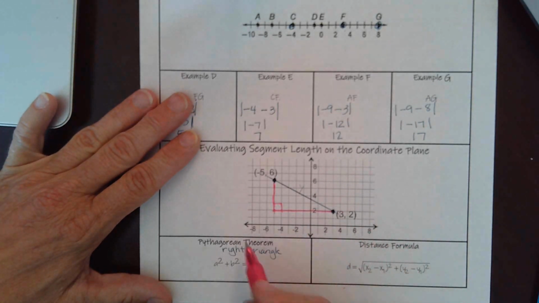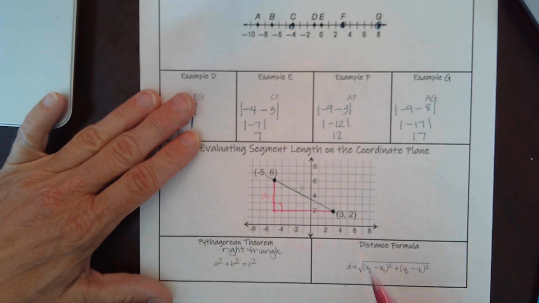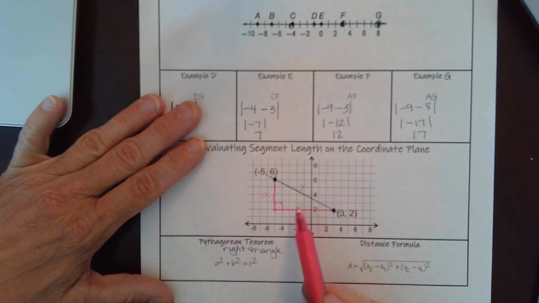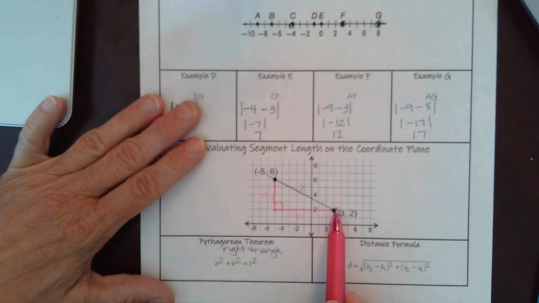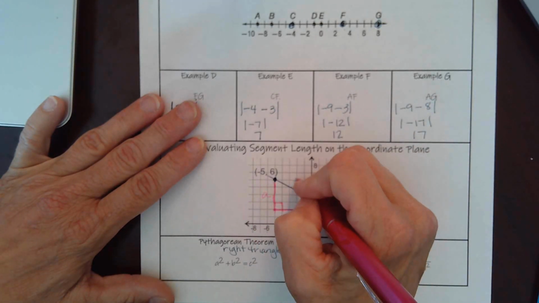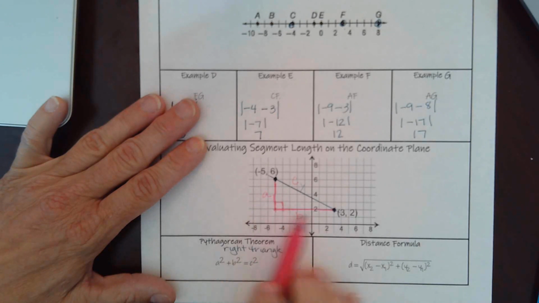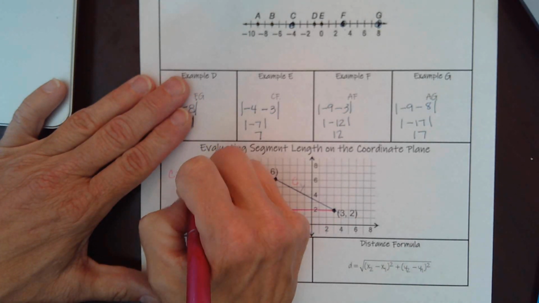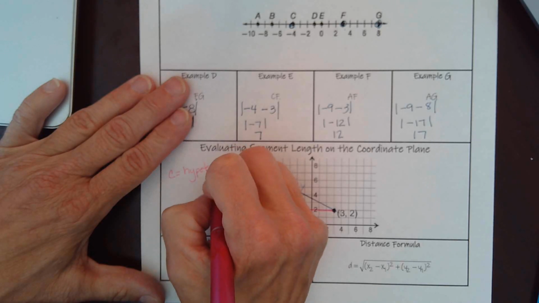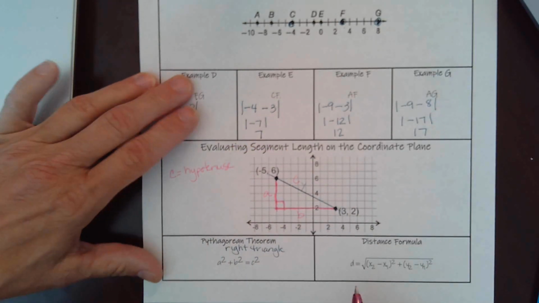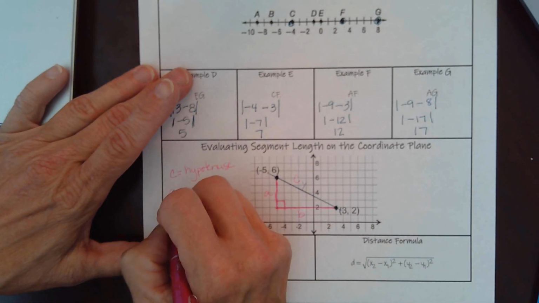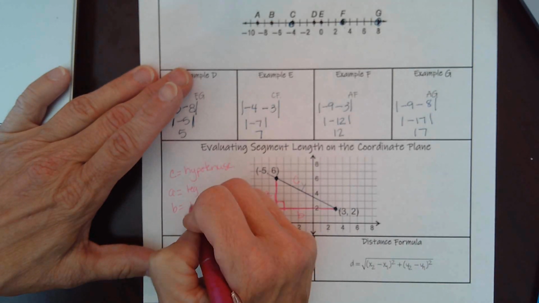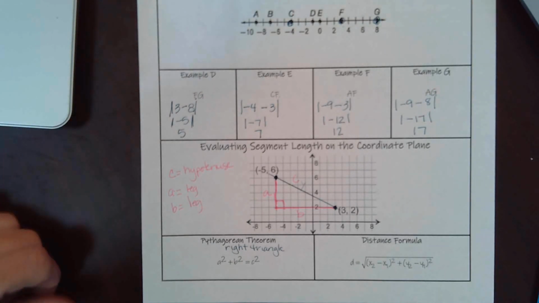One leg we will label A, one leg we will label B, and this leg is now C. In a right triangle, C equals the hypotenuse, and A and B represent the legs.